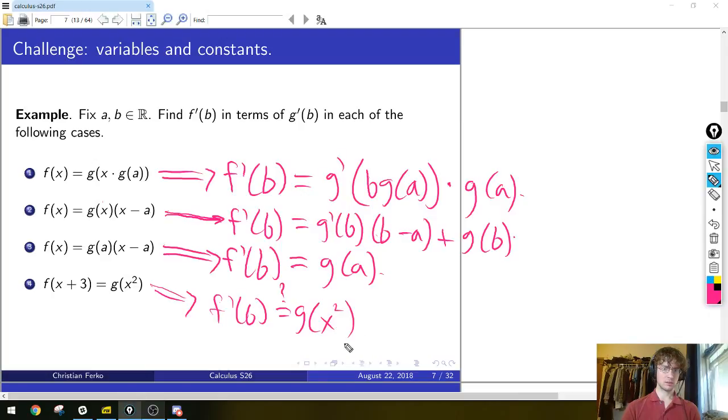Yes. I'm thinking. Well, let's see, f prime at b should just be a number, right? Because b is a constant. So this is the slope of a tangent line at its particular point. But g of x squared is a function. So something's wrong with this equation because we've set a constant number on the left equal to a function of x on the right. Something's a little mysterious.